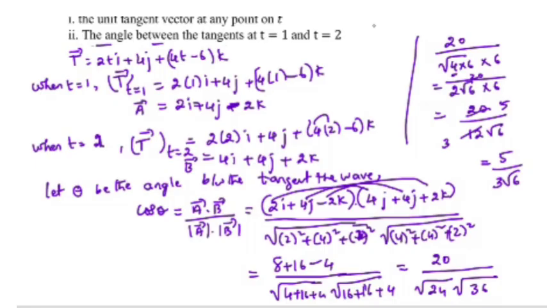That is cos theta. Cos theta is 5 divided by 3 root 6, so theta will be cos inverse of 5 divided by 3 root 6. So this is the angle between the tangent at t equals 1 and t equals 2.